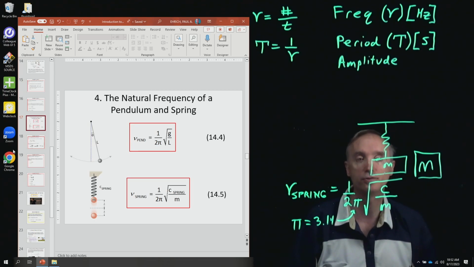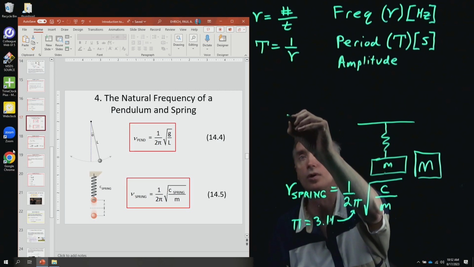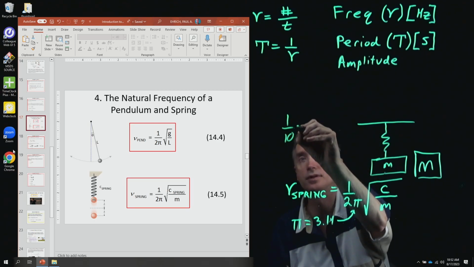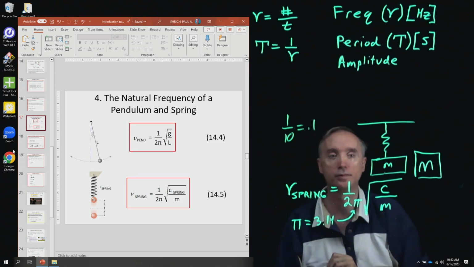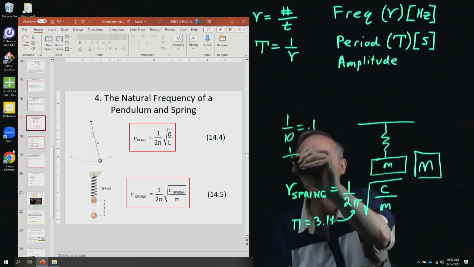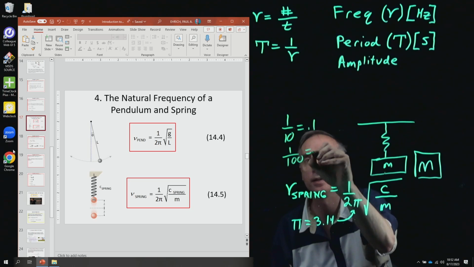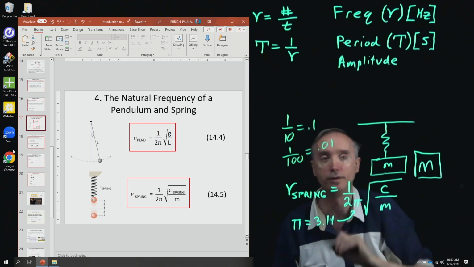All right, use this to guide your thinking: 1 divided by 10 is equal to 0.1, and 1 divided by 100 is 0.01.